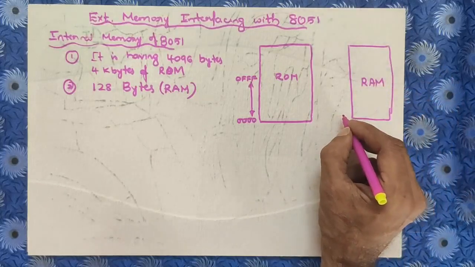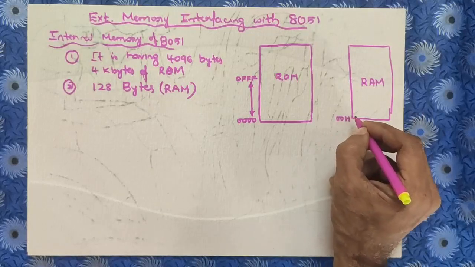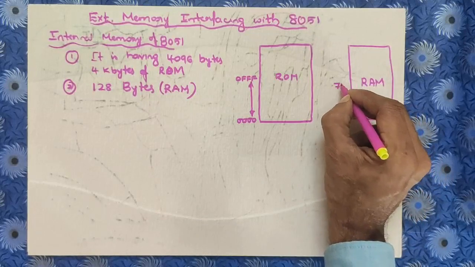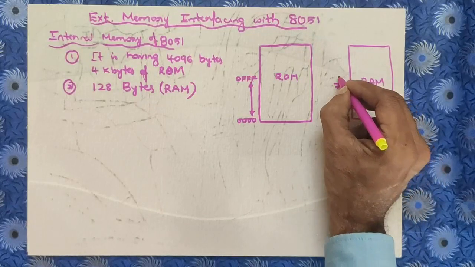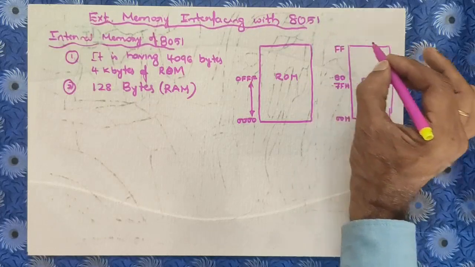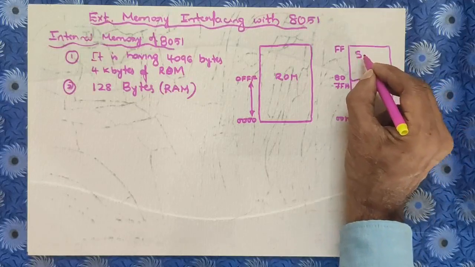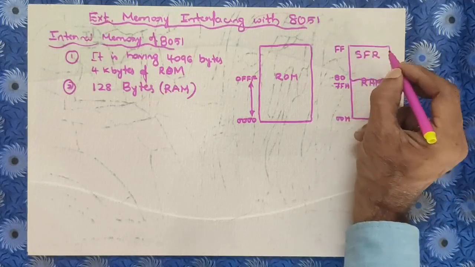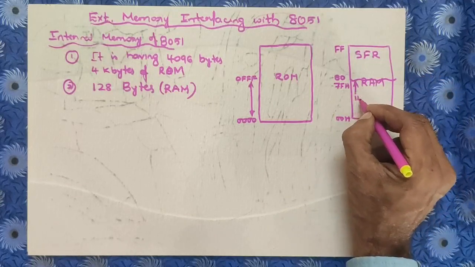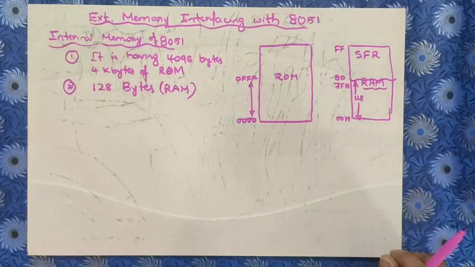The starting address can be 00H to 7FH, 128 bytes. And 80H to 255, that is FFH, is having special function registers. These are the addresses for special function registers, whereas 00 to 7F, these 128 bytes, are for internal RAM of 8051.